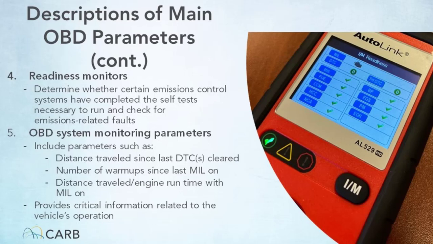As a general rule, clearing DTCs with a diagnostic scan tool or by disconnecting the vehicle's battery shortly before performing an emissions test can result in a rejected test and delays in obtaining emissions compliance. If a rejected test is the result of recently cleared DTCs, an additional test will need to be performed after the readiness monitor tests have been completed.